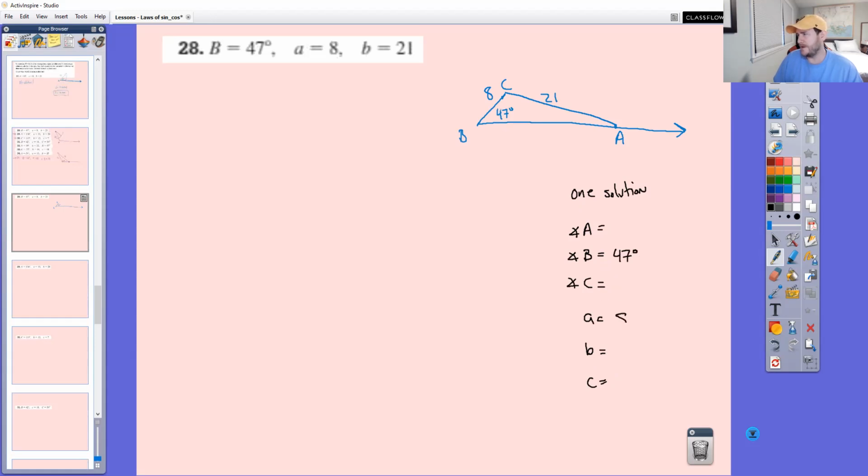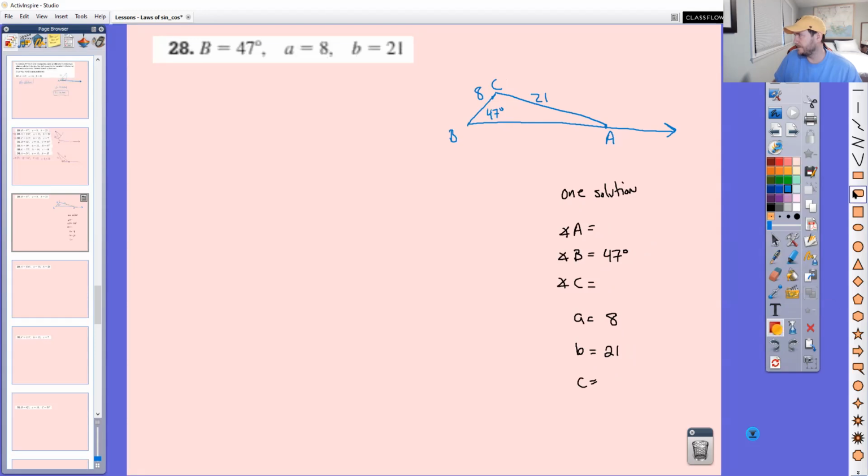Side A was 8 units long and side B was 21 units long. So we can see that we just need those other 3 things: the measure of angle A, measure of angle C, measure of side C.